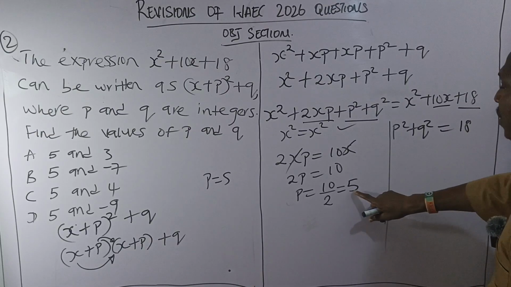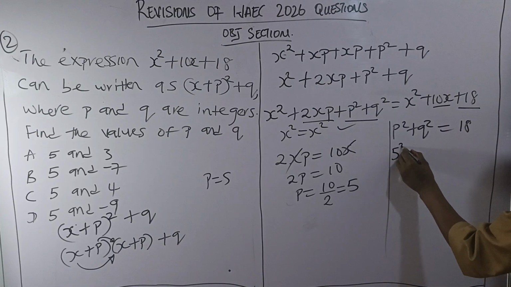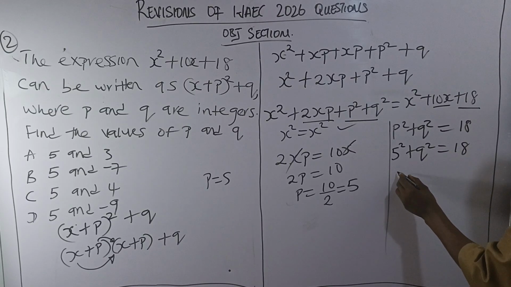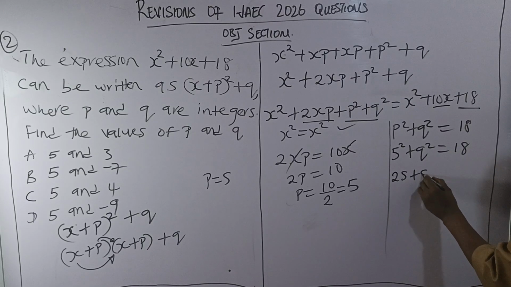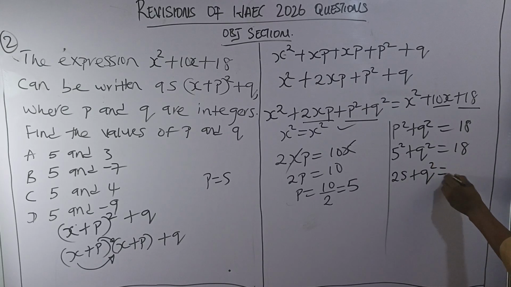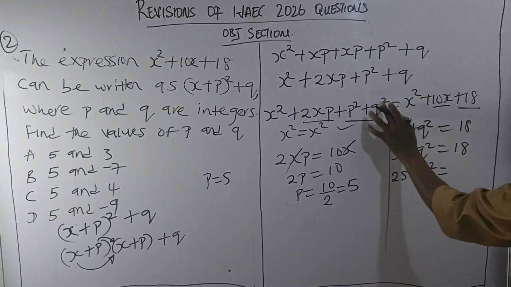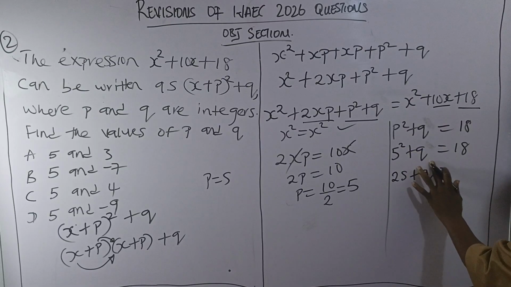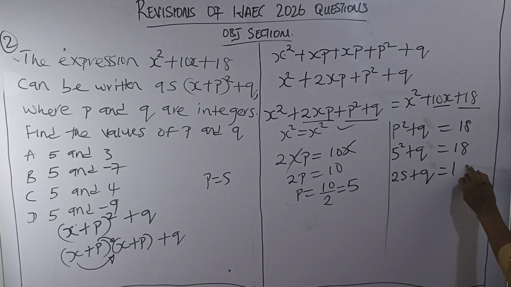So I've gotten my p already as 5. So I'll have 5 square plus q square equal to 18. And 5 square is 25, plus q square equal to 18.